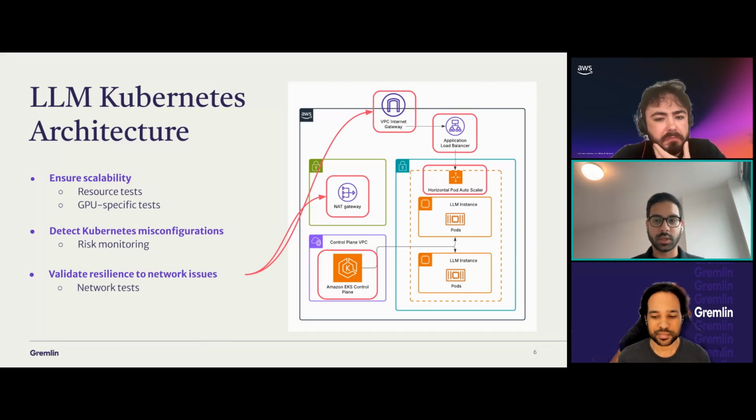The secondary region does not need to be a hot standby. You can always opt for a more cost-effective strategy like using cross-region replication of your EKS cluster in the event of a disaster. And so in this case, you would ensure that you have ongoing automated backups of your cluster, and then in the event of a disaster, it replicates in the secondary region.